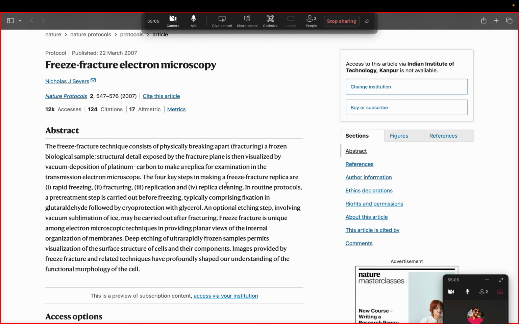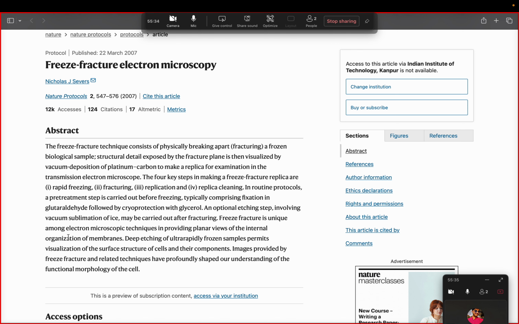The 4 key steps in making a freeze fracture replica are rapid freezing, fracturing, replication, and replica cleaning. In routine protocol, a pre-treatment step is carried out before freezing, typically comprising fixation in glutaraldehyde followed by cryoprotection with glycerol. An optional etching step involving vacuum sublimation of ice may be carried out after fracturing.